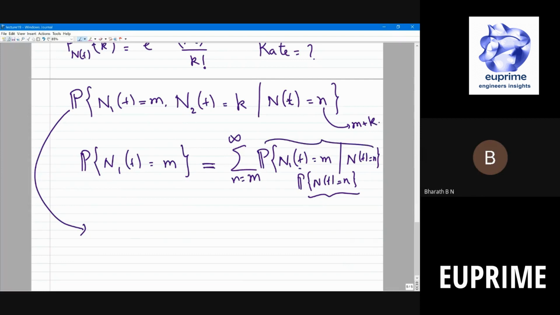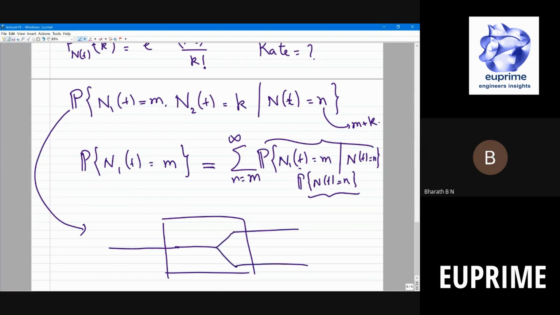Suppose I have n. This is the picture: it comes into a box and gets split into 2. In goes n, out comes m and k. I'm asking what is the probability that this will be m and this will be k, given that whatever comes in till time t is n.